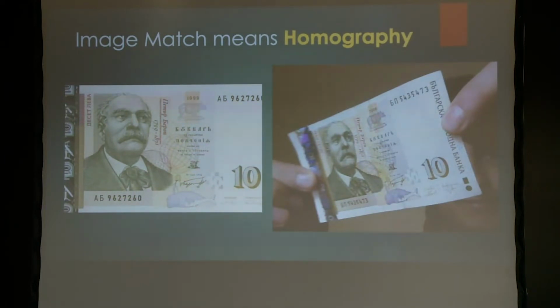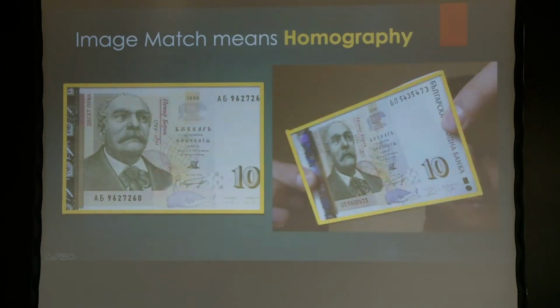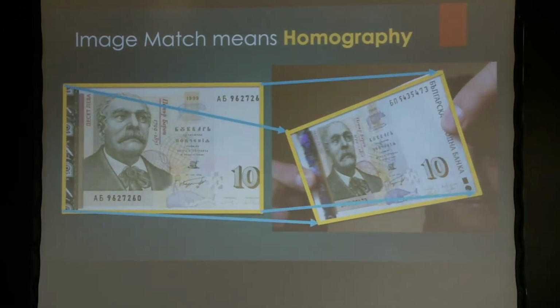For every pixel in the left image, we can say which pixel in the right image represents that pixel. That's pretty much that. So we can say that this rectangle is represented by this kind of skewed rectangle. And for example, this edge point is represented by this point in the right image. That's what we mean by match. A homography from the left image to the right image, so that we can say each pixel in the left image is represented by that pixel in the right image.